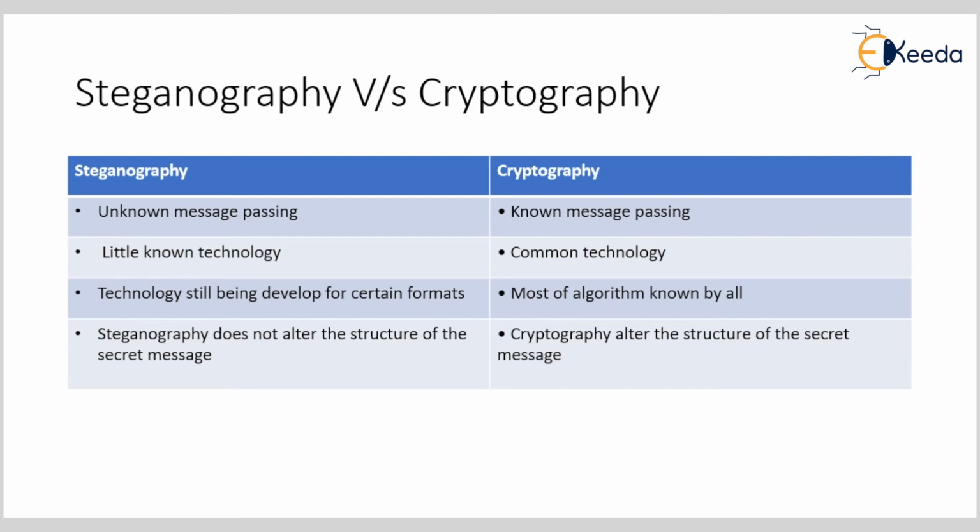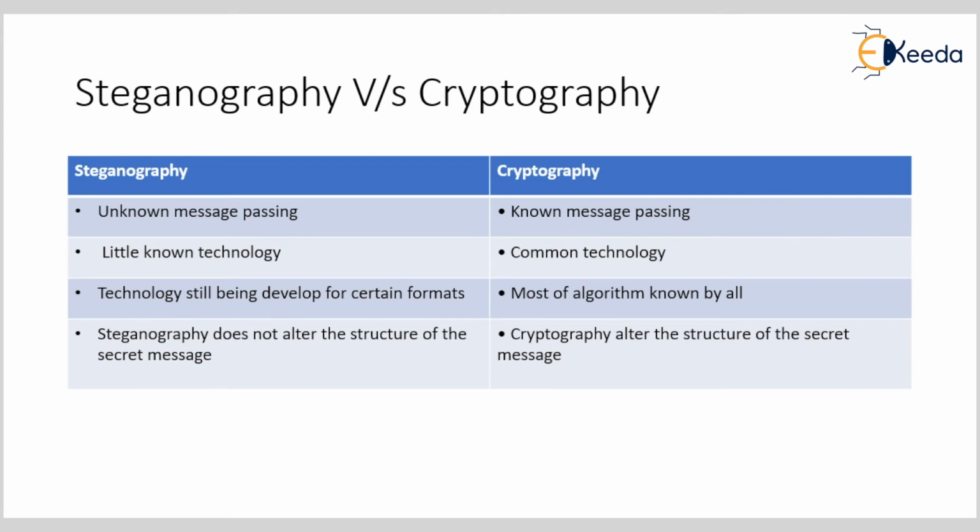That means the things which we are doing are known to us, but in steganography, unknown message passing is done. Here in steganography, we do use different types of known technologies. We'll be seeing what the different types of steganography are. And in cryptography, we generally use the common technologies of encrypting the data, decrypting the data, converting the plain text into the ciphertext, and then from ciphertext to plain text again.